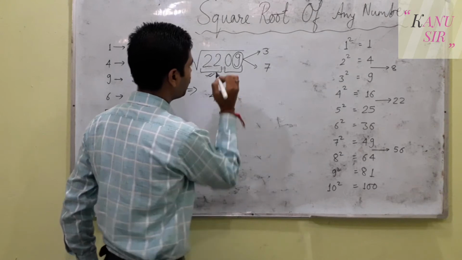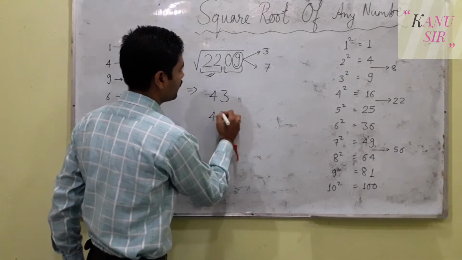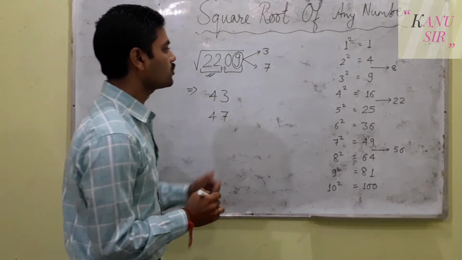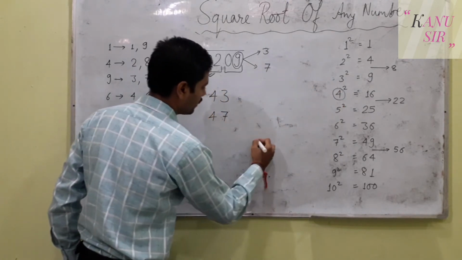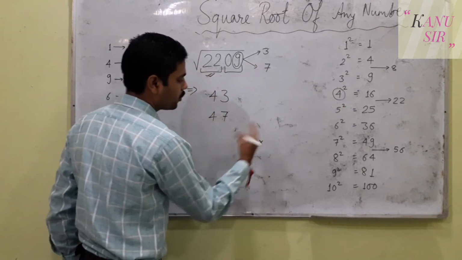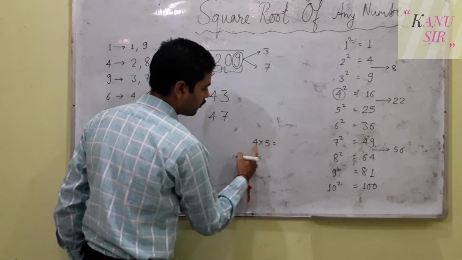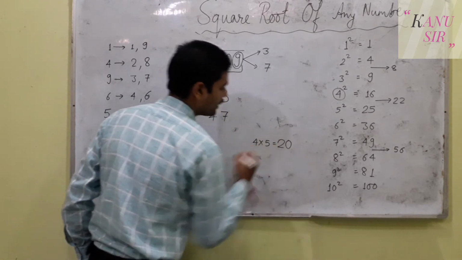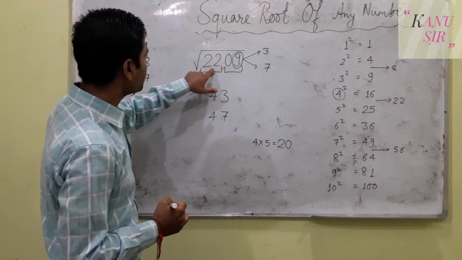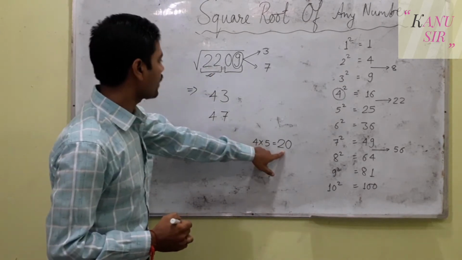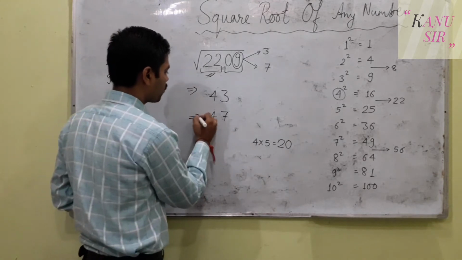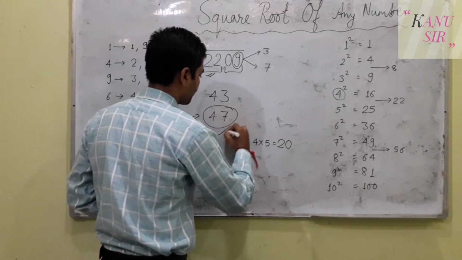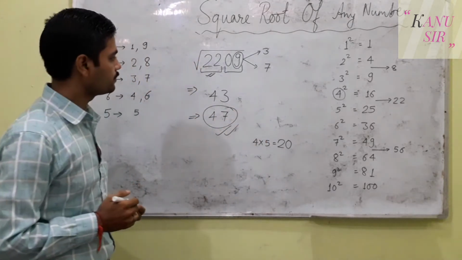Either the number will be 43 or 47. How to check now? Take this 4 that we have selected. The number after 4 is 5, and 4 times 5 is 20. Now you check, 22 is greater than 20. It means we have to take the greater number, that is 47, and hence the answer is 47.